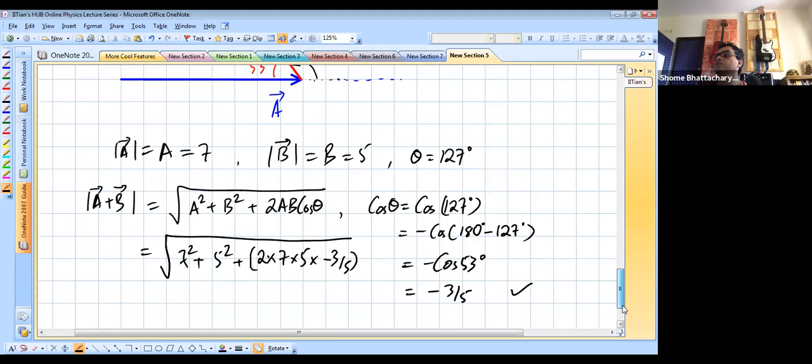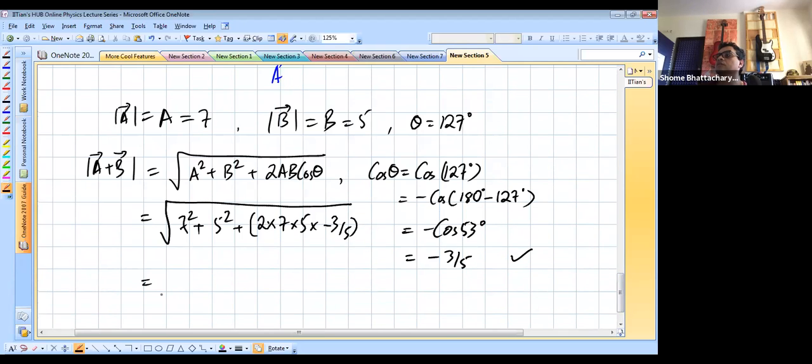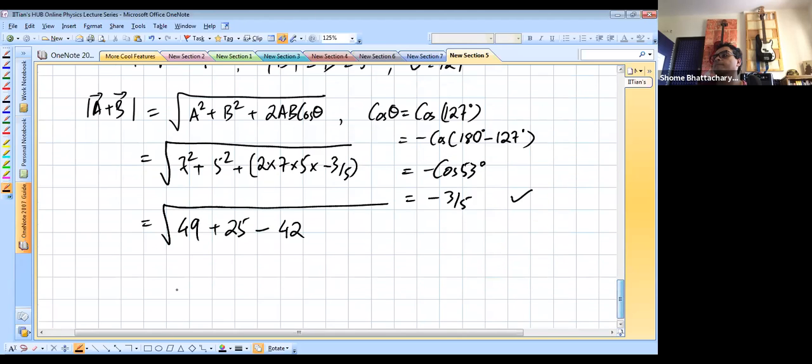So now we are in a position to just algebraically solve this. So 49 plus 25, and the minus sign, just bring it out now. So this becomes 7 into 2 into 3. Okay. So minus 42. Is that okay? Just check what I've done over here.